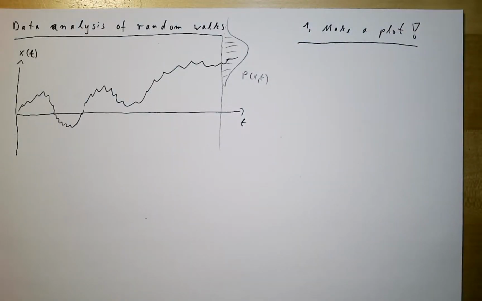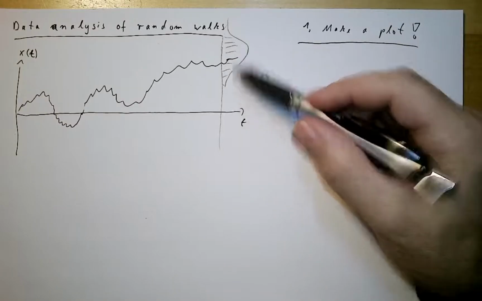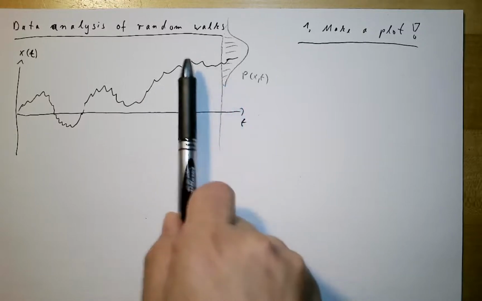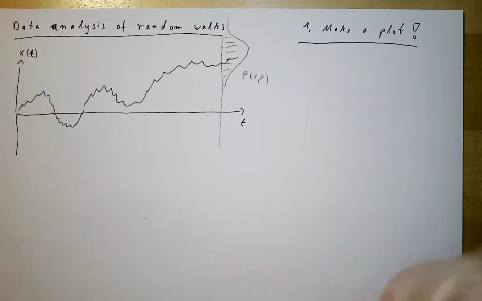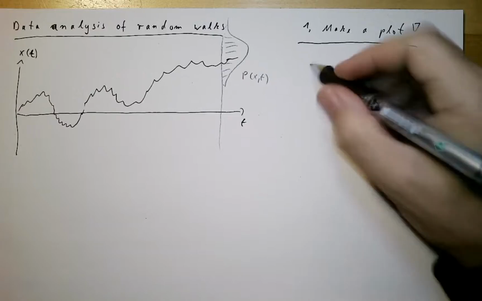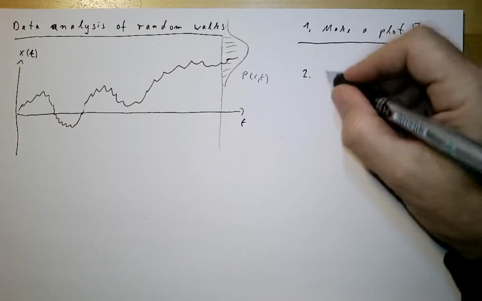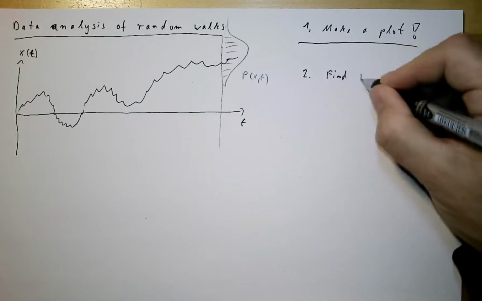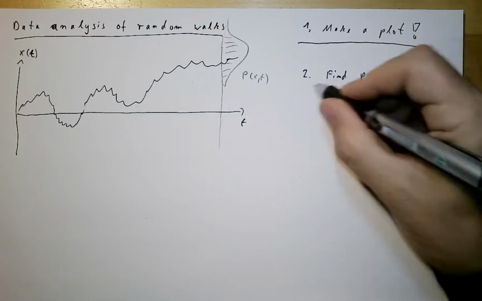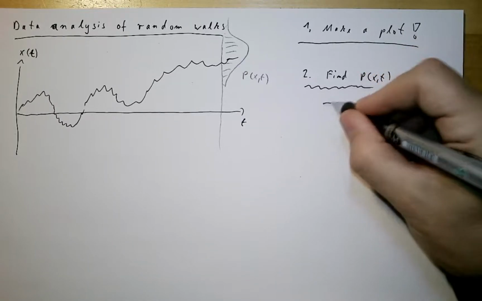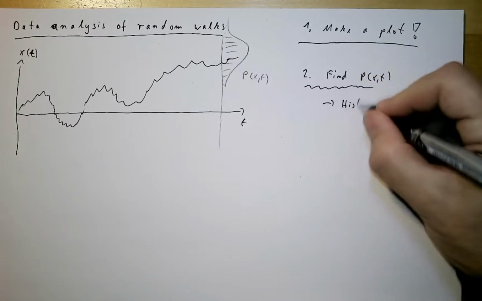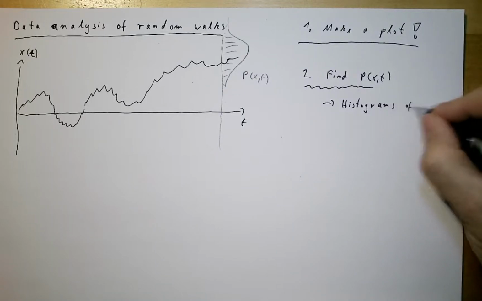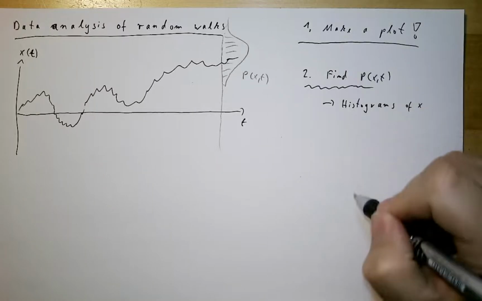That of course would be the most ideal situation, and if we could do this probability distribution for every time point of our walk. So a goal sometimes would be to find the probability distribution p of x and t, and the idea would be to make histograms of x for all kinds of time points.